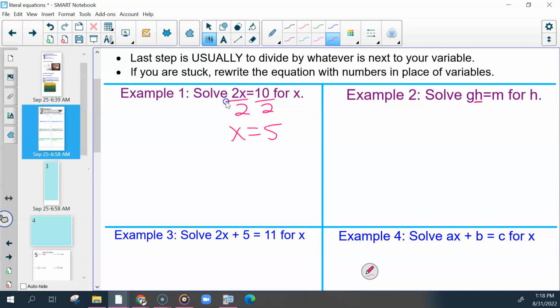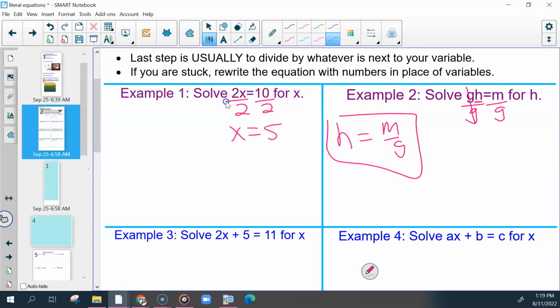G and h are already next to one another, so they're already multiplying. So to get rid of g, we would do what? Divide. We're going to do that to both sides, but in this case, m and g are not like terms, so they're not going to cancel or anything like that. These g's are, and our answer is going to be m over g.